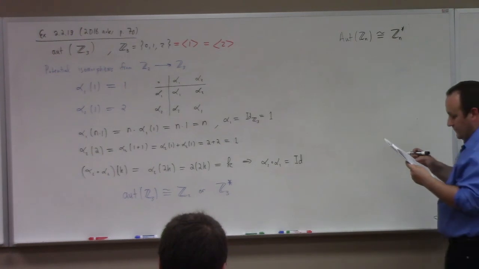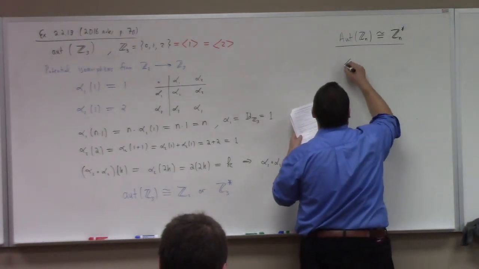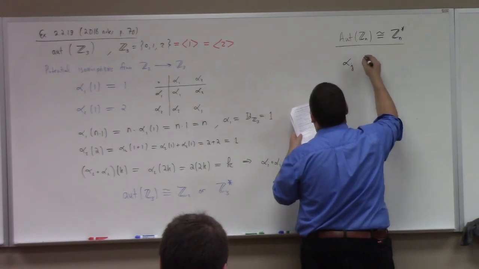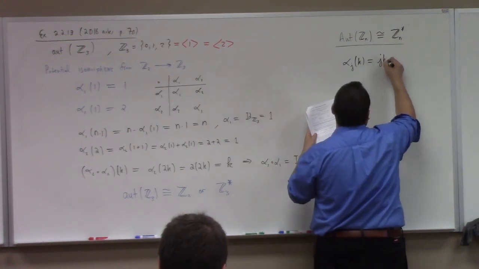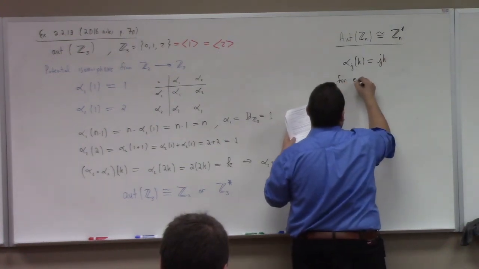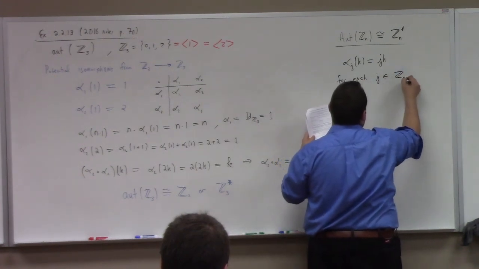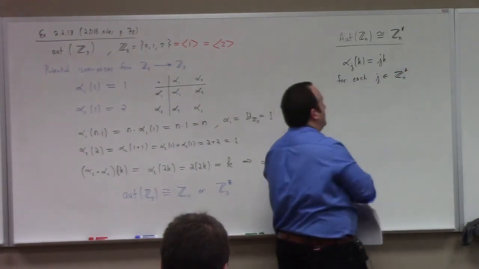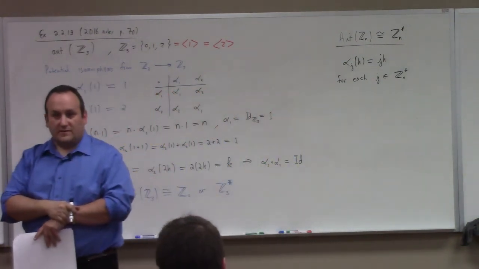The essential idea of the proof is that you can define alpha sub j of k equal to jk for each j in Zn star. And that defines an isomorphism.